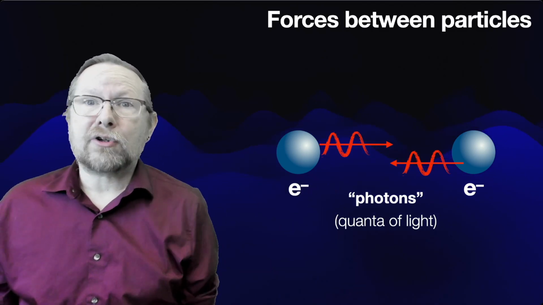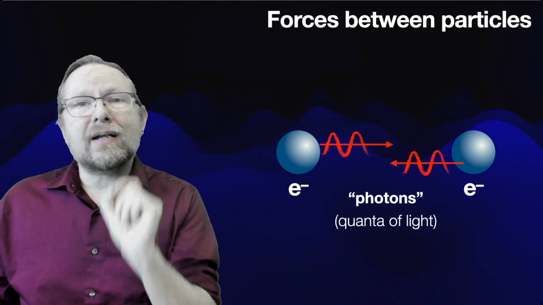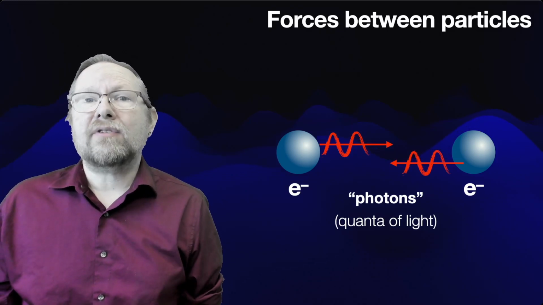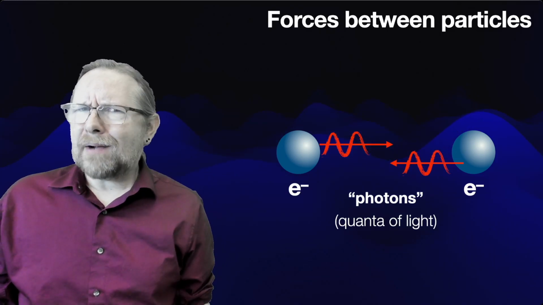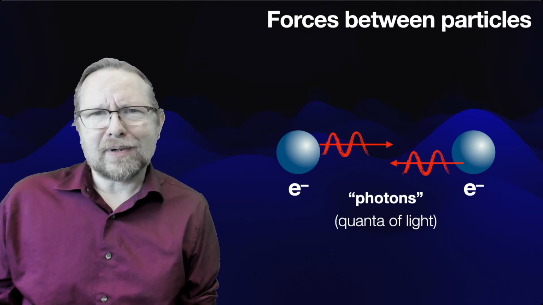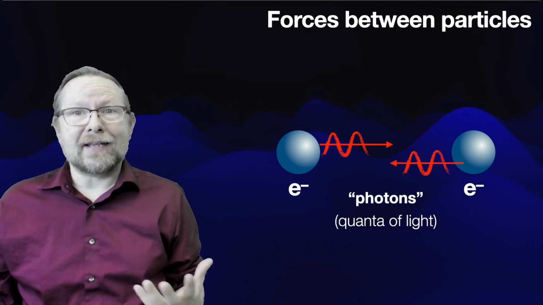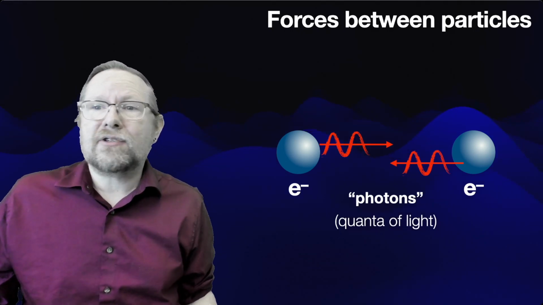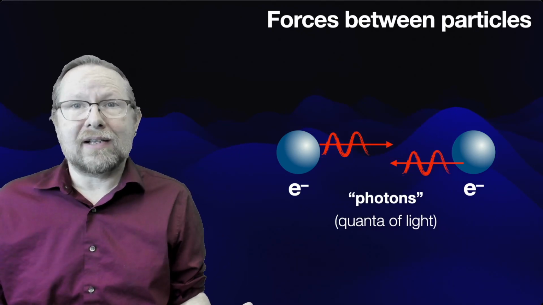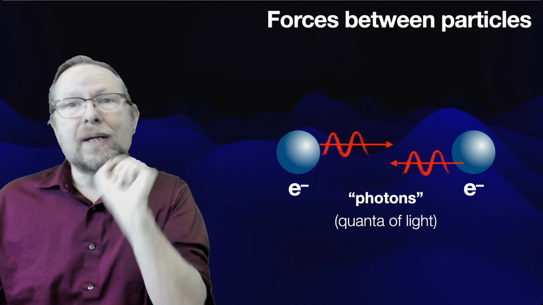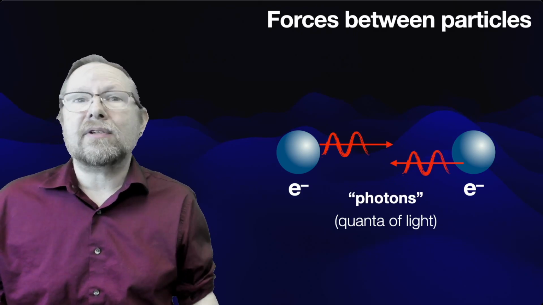That field is called the electromagnetic field, and a little bit of energy of an electromagnetic field is called a photon. We have probably used the word photon in this class a bunch of times before, talking about light, and that's what light is. Light is a phenomenon of the electromagnetic field, and a little bit of energy of the electromagnetic field is called a photon.